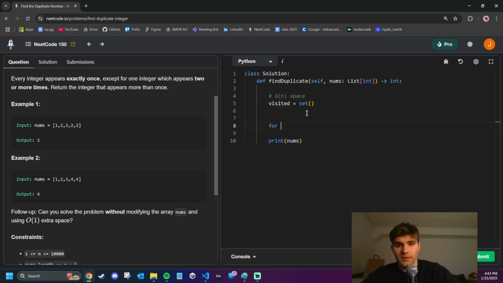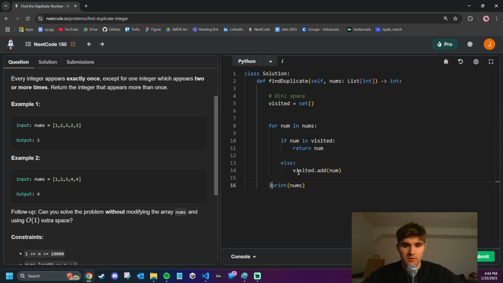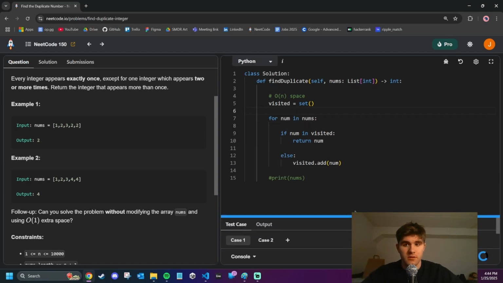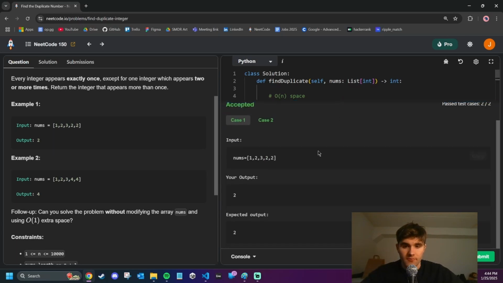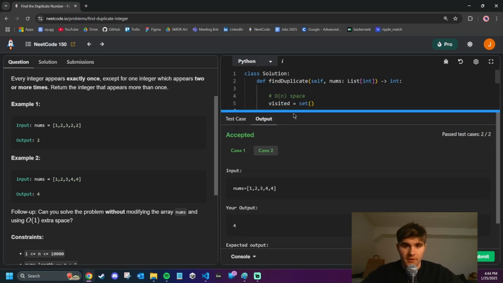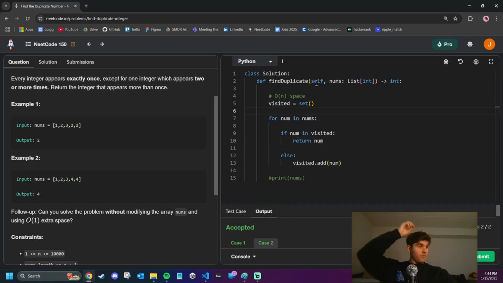You would say for num in nums, if num in visited, return num, else visited.add(num). This works here, obviously, but we can't use a visited set.